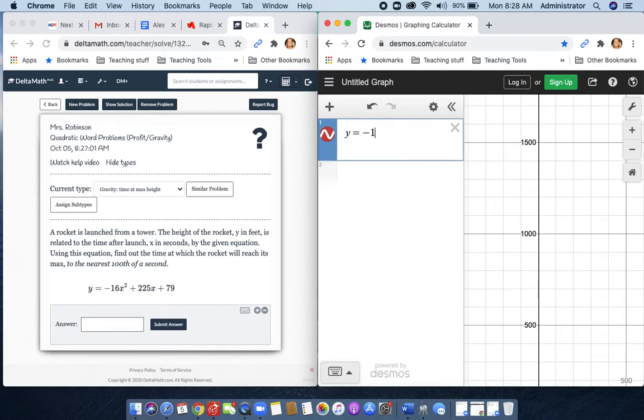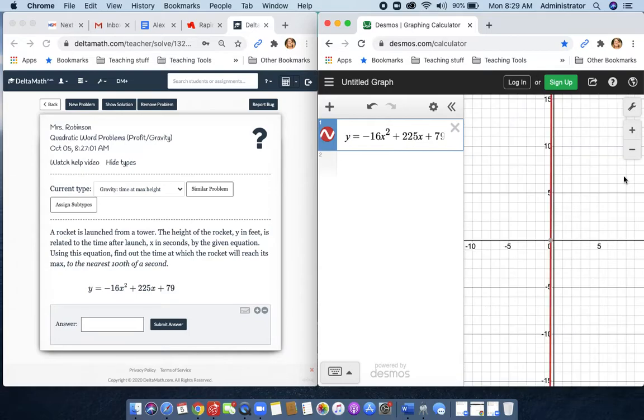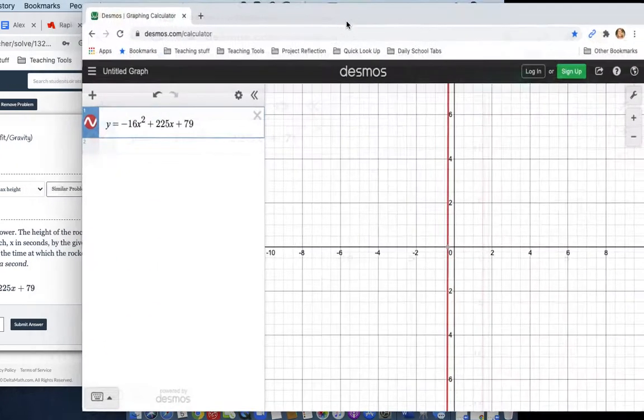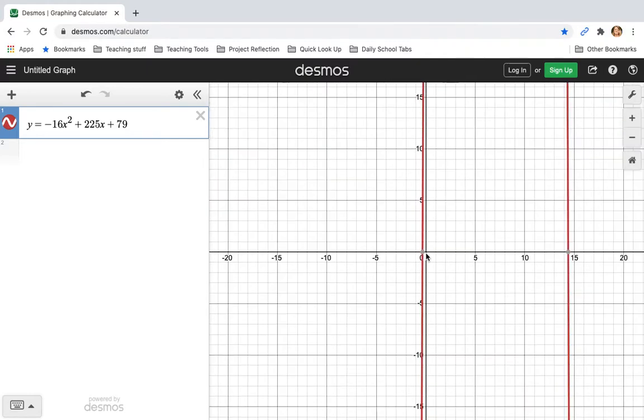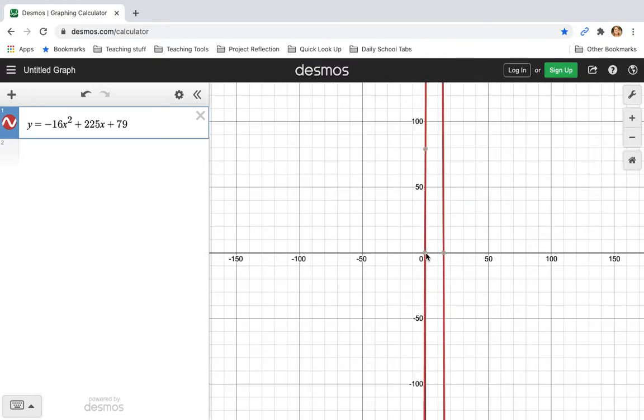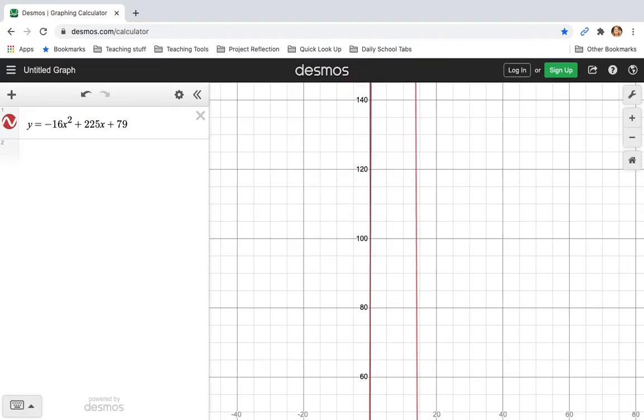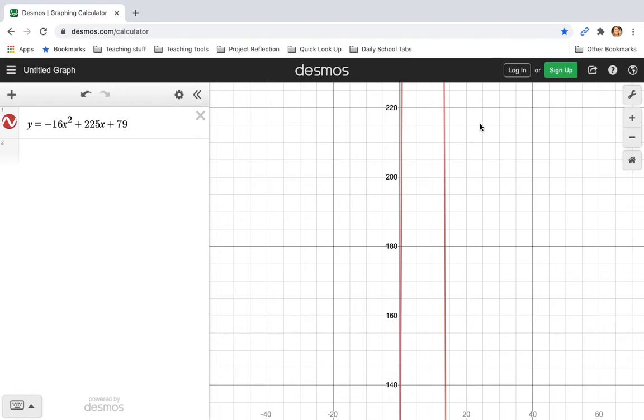I'm going to type in negative 16x squared plus 225x plus 79. And I'm going to come over here and hit this home button, which kind of takes it back to a default. So remember, I adjusted my window for the last function. So I'm just, again, pinching my fingers in. I can see both sides of the parabola. I want to drag it down so I can see the top.